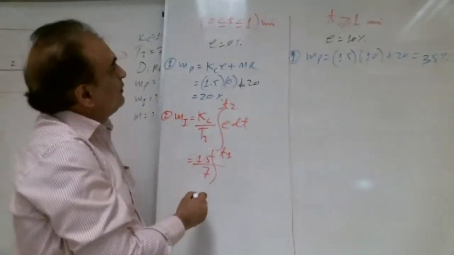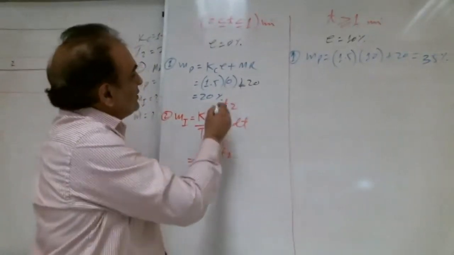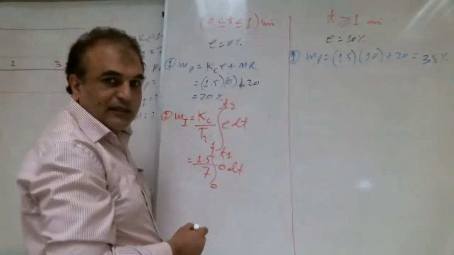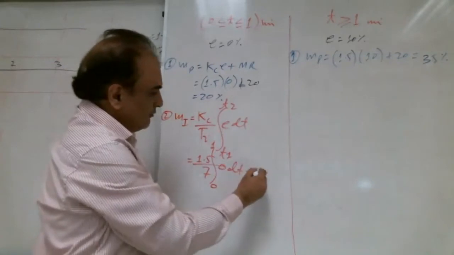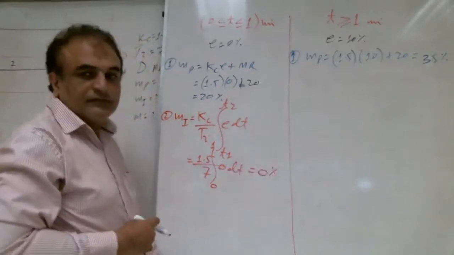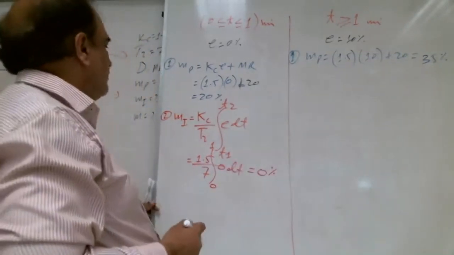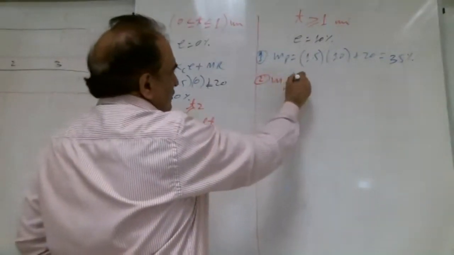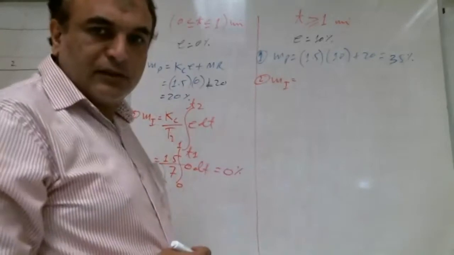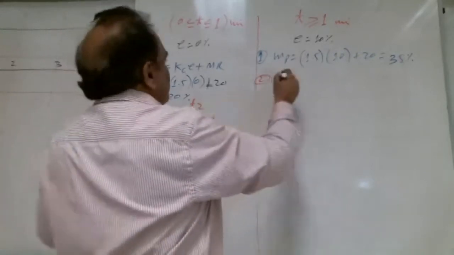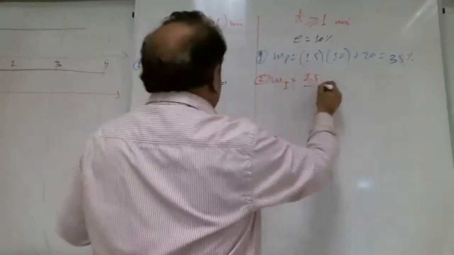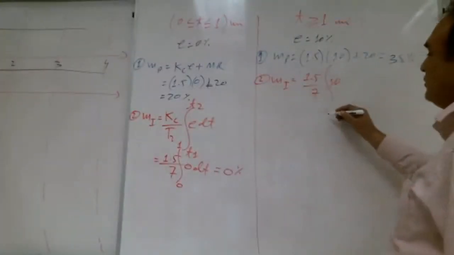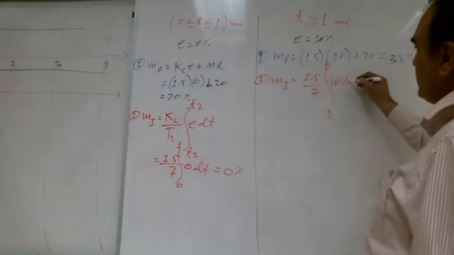Integral from 0 to 1, the error is how much? 0 error. As soon as it is 0, it is 0. You are with me? Shiva with me? That's good. Okay, see, 1.5 over 7, integral from 1 to t, dt.